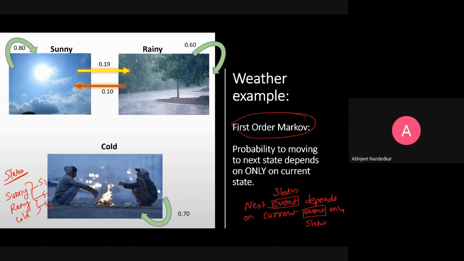Then see this transition. Sunny to rainy has a 0.19 or 19% chance. And from rainy to sunny, 0.1, it's 10%. It's 19% and 10%.